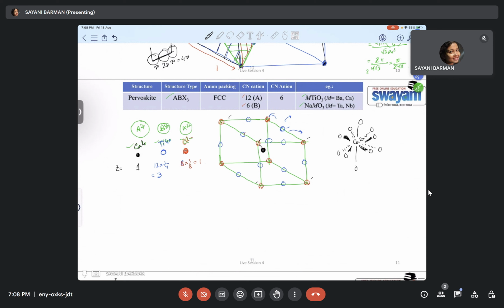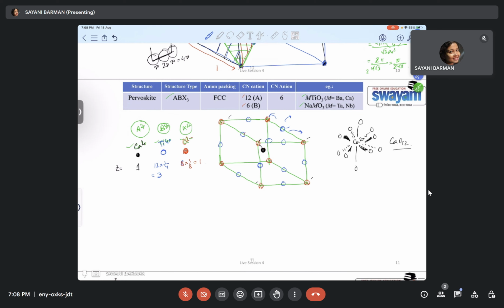Then for Ca you can write CaO12, right? 12 coordination number. Now for the sixth one, the B atom, that is the titanium one, it is drawn in blue. It is actually connected with, let's take one example, this one.